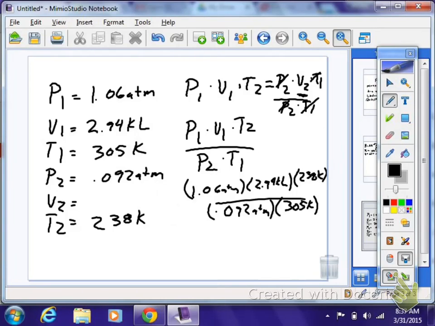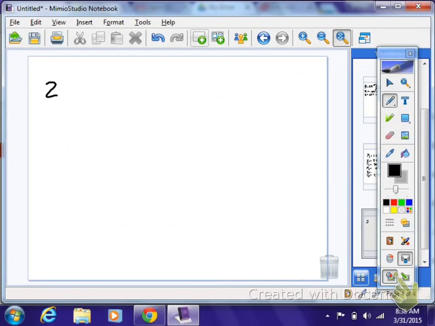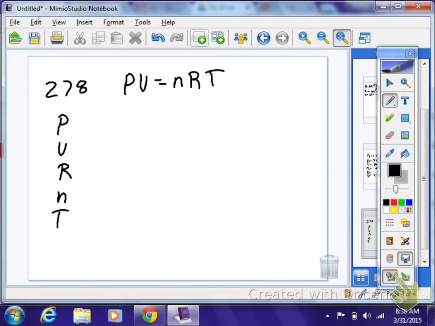Okay, so this is the ideal gas law that is involved on this one. So 278: PV equals nRT. We got P and V, and we need R, n, and T. As we go down through this, a student collects 425 milliliters.